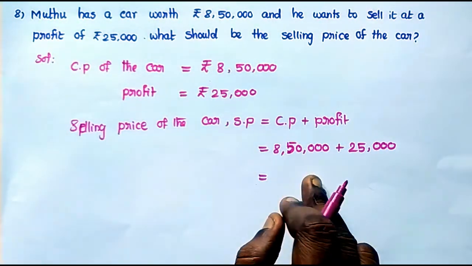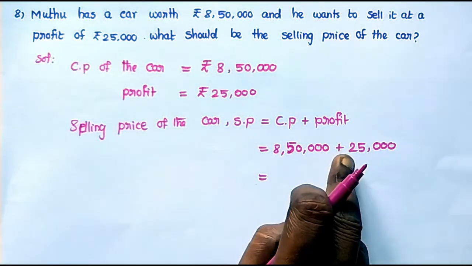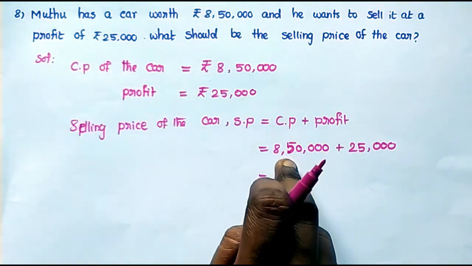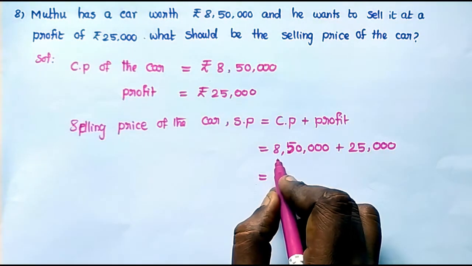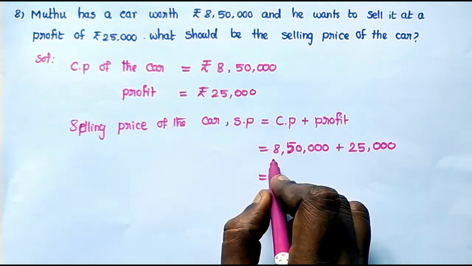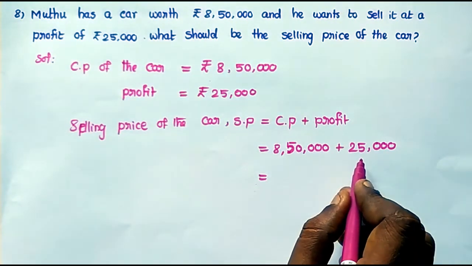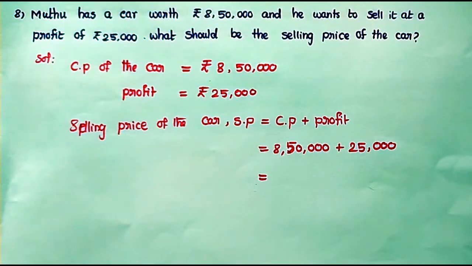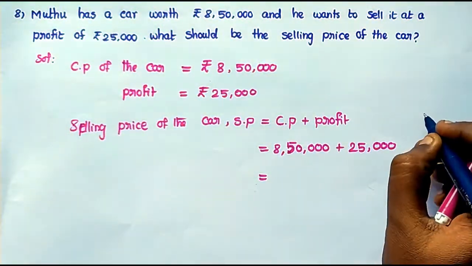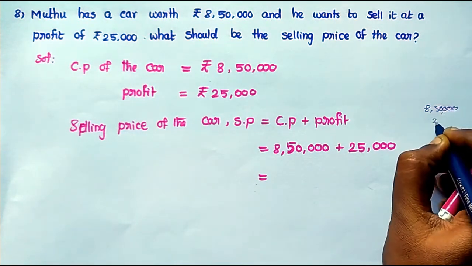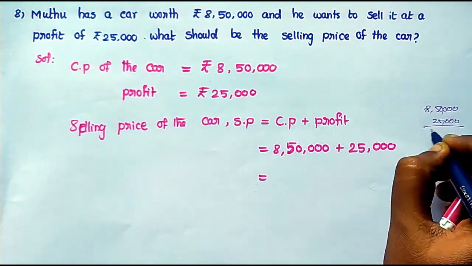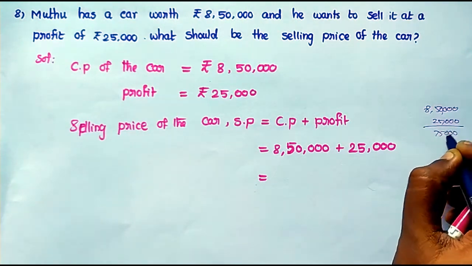So he wants to keep the profit with cost price and sell that. So how much? 8,50,000 plus 25,000 means how much? 8,75,000.